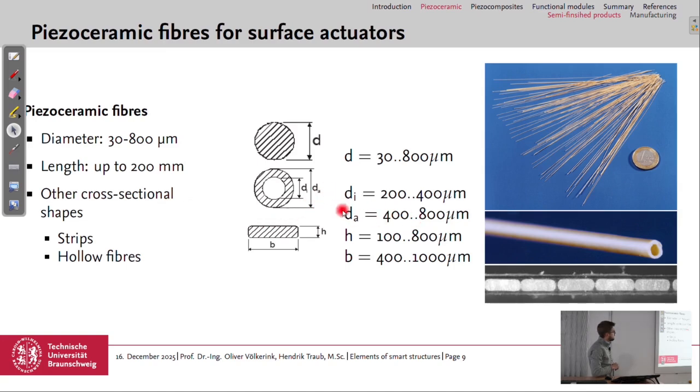The other cross-sections are similar in dimensions, so also up to 800 micrometers, with an inner diameter between 200 and 400 for hollow fibers, or strips or rectangular fibers, again up to 800 micrometers. You can see here these fibers with a €1 coin as a comparison.